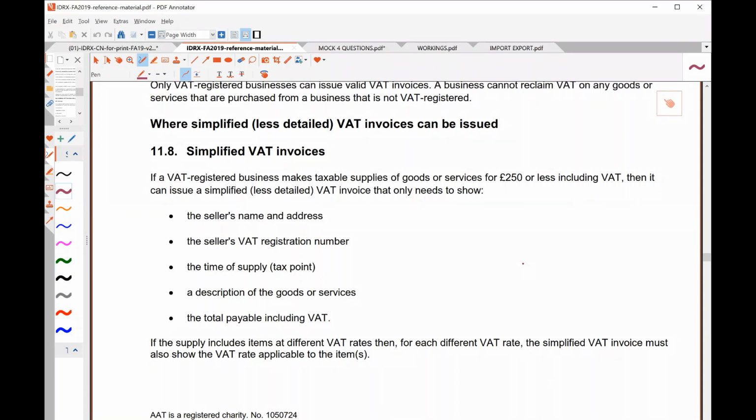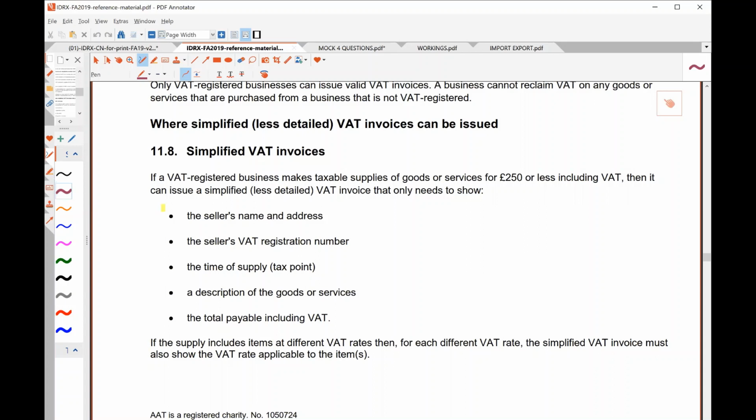So let's just have a read of what it says in the reference material. If a VAT registered business makes taxable supplies of goods or services for £250 or less, including VAT, then it can issue a simplified, or another word for it, a less detailed VAT invoice that only needs to show, firstly, the seller's name and address.